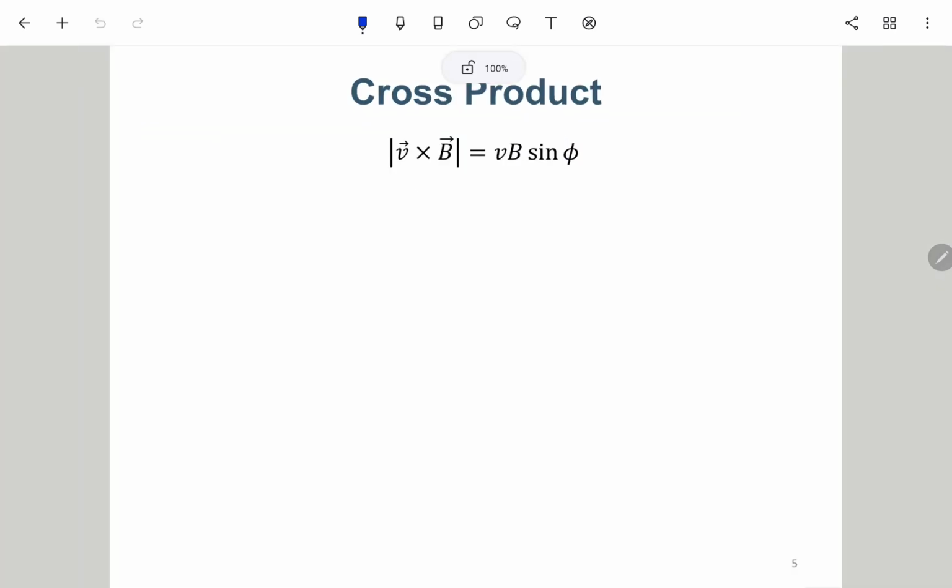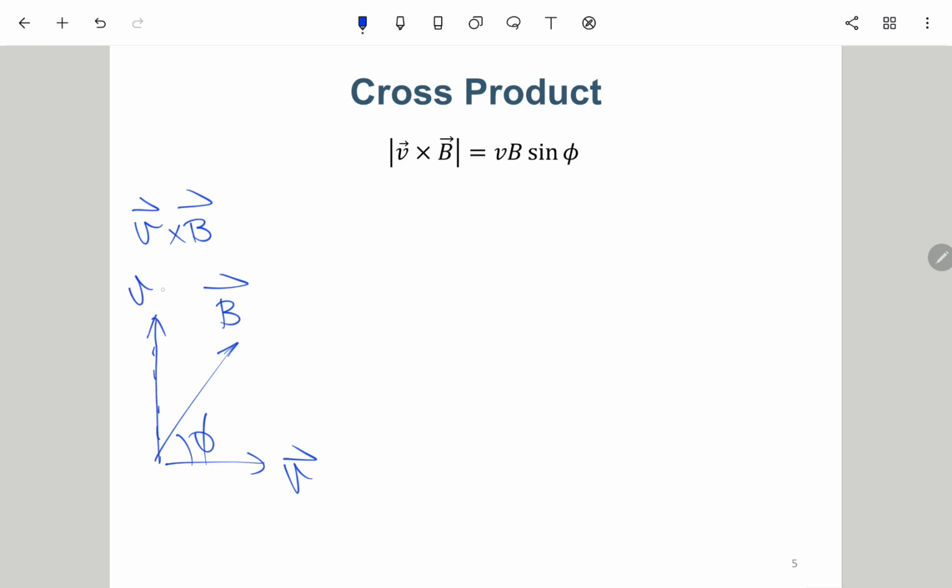So here I just want to let you know a bit about the cross product and the dot product. If we have V cross B, suppose this is V, this is B, and we already know the angle is phi. Of course this is three-dimensional.